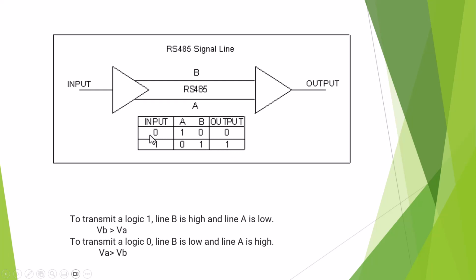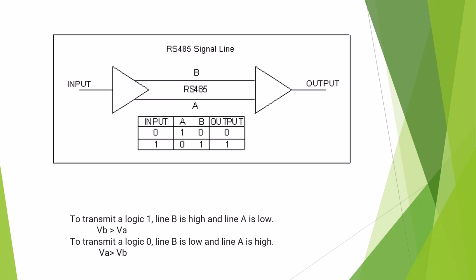Input 0 means no signal, no power, no signal from input goes to the output. When the transmitter sends logic 1, B is higher than A. B is higher, A is low. It means voltage B is greater than voltage A.